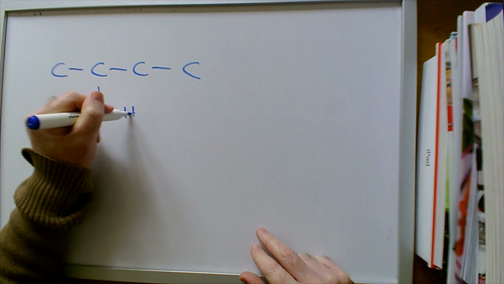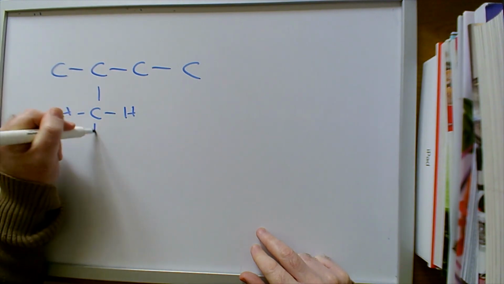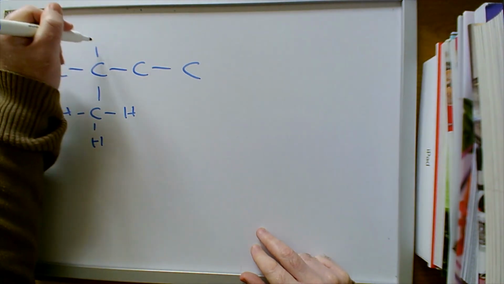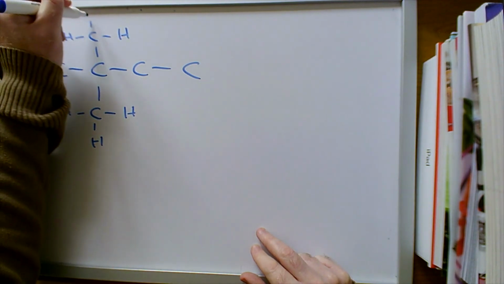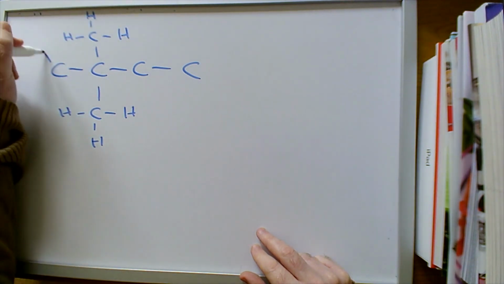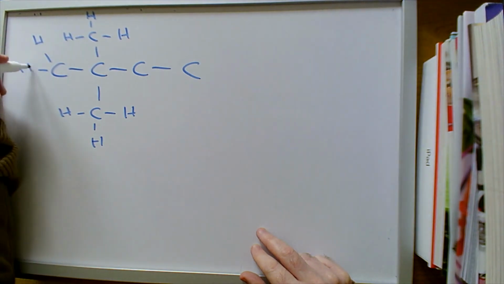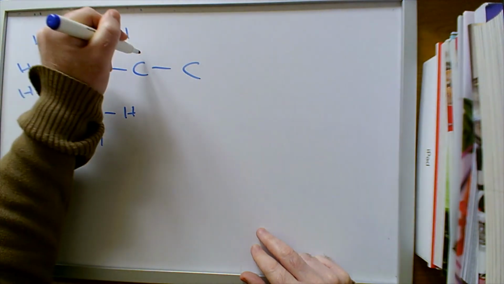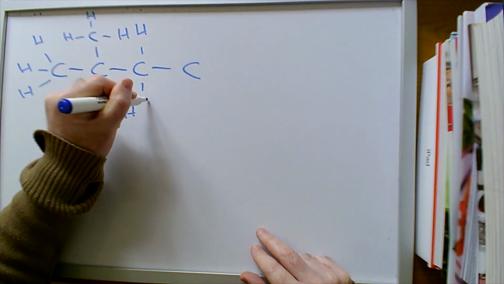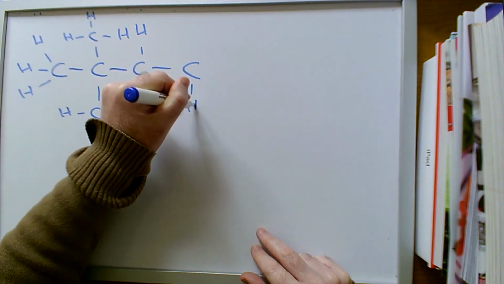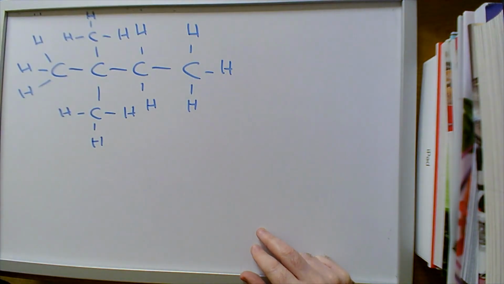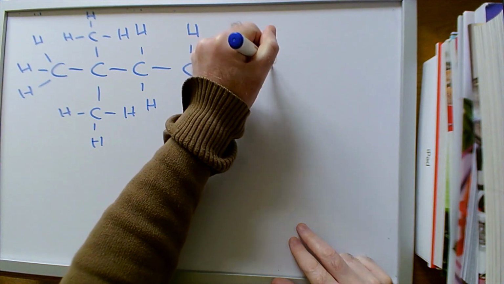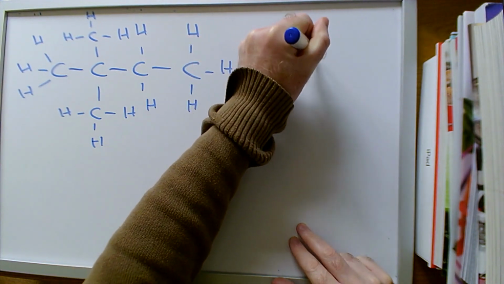So if I put the first CH3 group on carbon 2 and the second CH3 group on carbon 2, the compound I end up with will be named 2,2-dimethylbutane. And that is another isomer with a molecular formula C6H14.